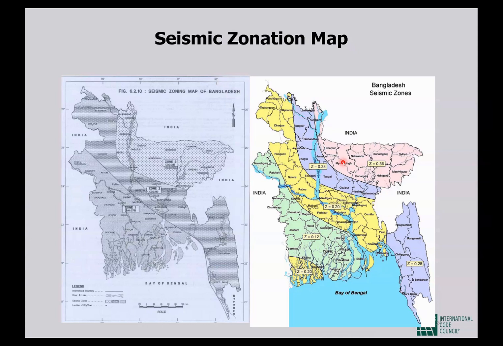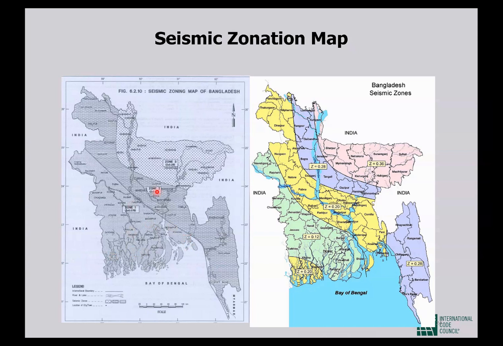The most important factor that we need to calculate earthquake load is the zonation map, zone coefficient. In the previous version of the code, Bangladesh was classified in 3 different zones, zone 1, 2, 3. Zone 1 was the southwest part of the country, comprising Kushtia, Jessore, Khulna, Satkhira, Bagerhat, Barisal, Faridpur, Noakhali, this part.